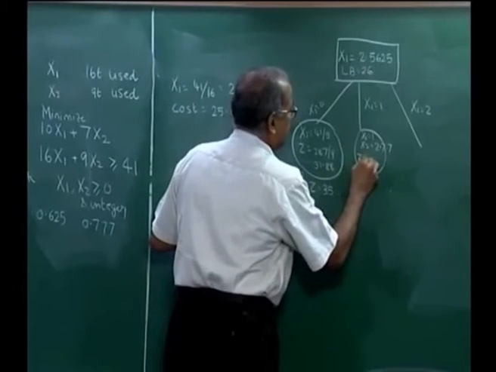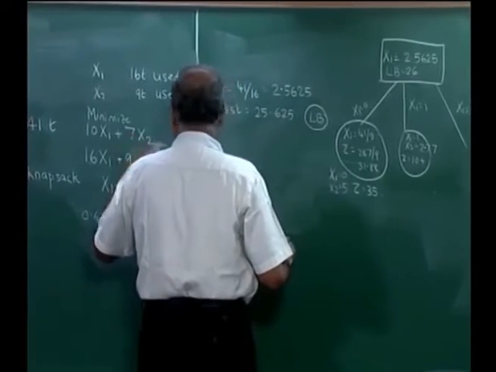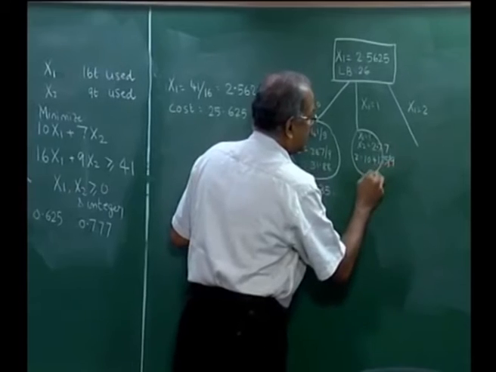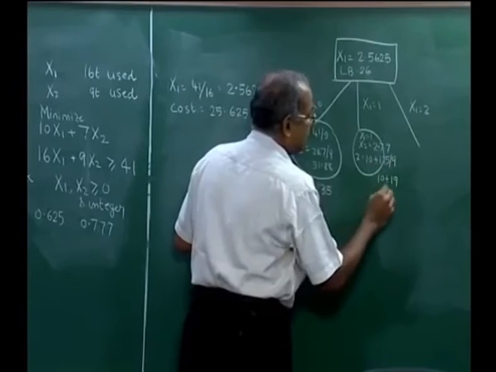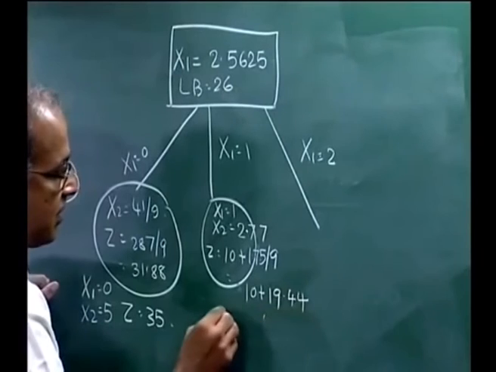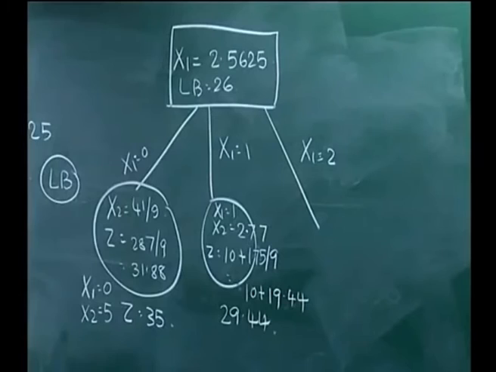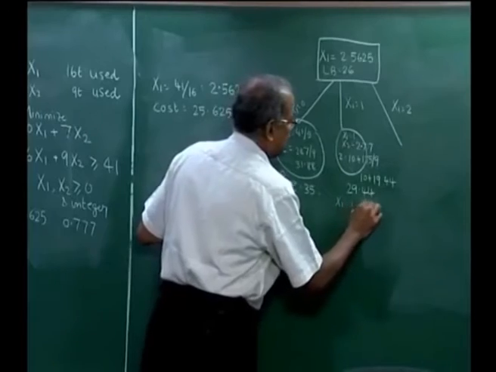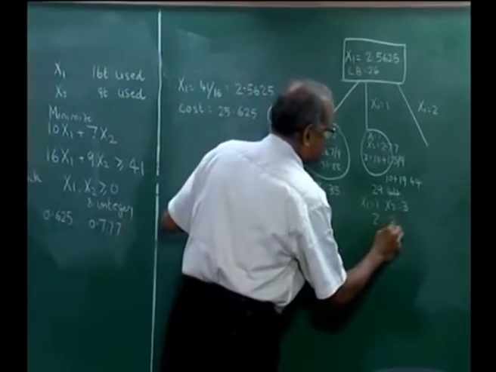Now the z value will be 10 plus 25 into 7 by 9, 175 by 9, which is 10 plus 19.44, so 29.44 is the lower bound, and the corresponding feasible solution is x1 equal to 1, x2 equal to 3 with z equal to 21 plus 10, 31.